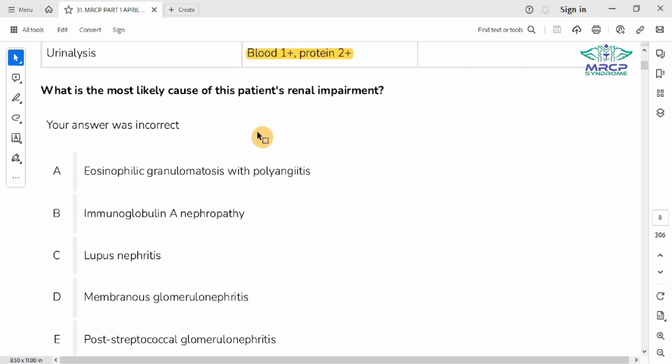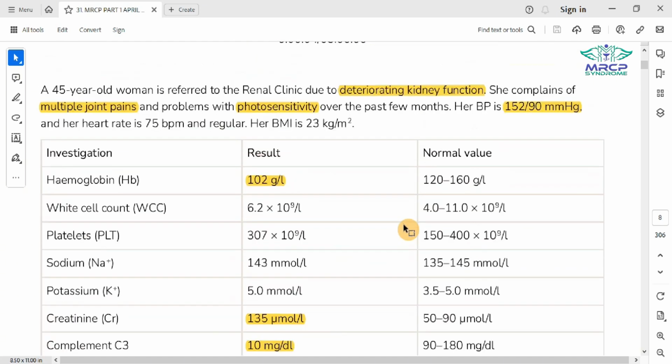Okay. What is the most likely cause of this patient's renal impairment? Eosinophilic granulomatosis with polyangiitis, immunoglobulin A nephropathy, lupus nephritis, membranous glomerulonephritis, post-streptococcal glomerulonephritis. A 45-year-old woman is referred to the renal clinic due to deteriorating renal function. She complains of multiple joint pain and problems with photosensitivity over the past few months.